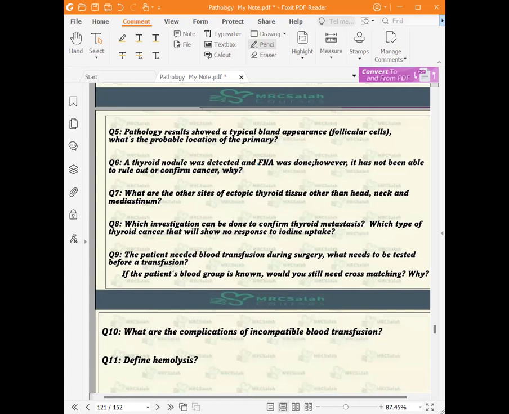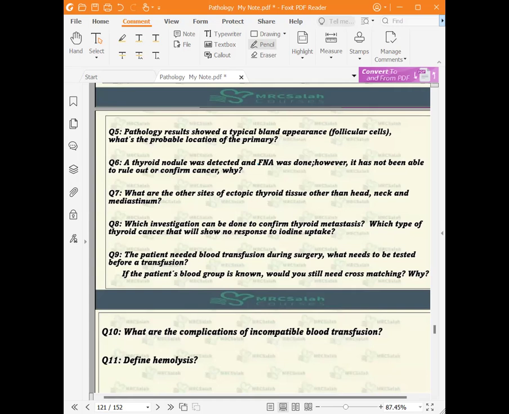Yes, same, but in the end, they just said histology is needed because FNAC is a cytology, and this is a follicular thyroid neoplasm. To diagnose this one, we need histology, not cytology.